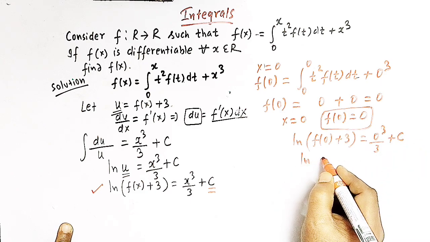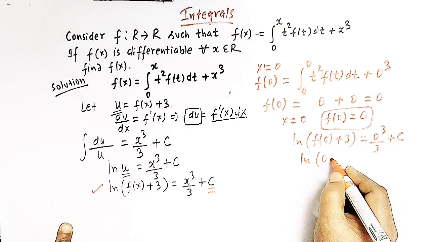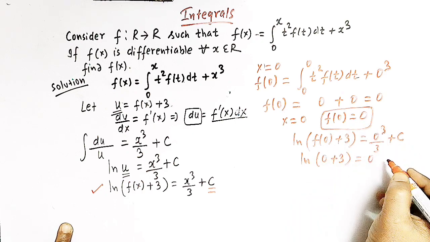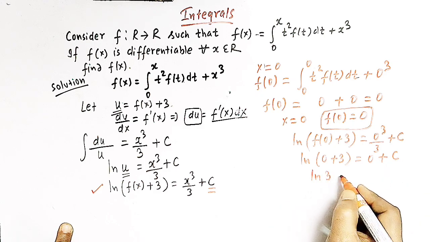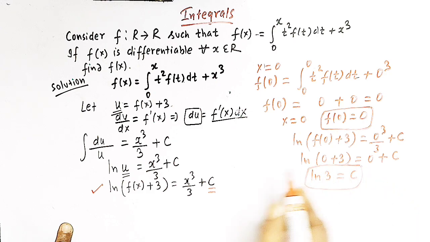Now f of 0 is 0, so here we have natural log of 0 plus 3, and this term is 0, and here we have c. So natural log of 3 is equal to c. So the value of the constant of integration c is equal to natural log of 3.